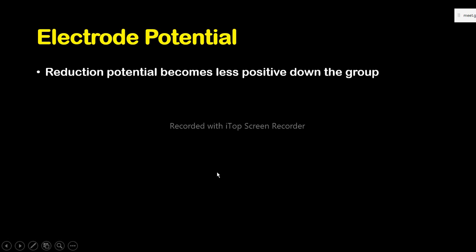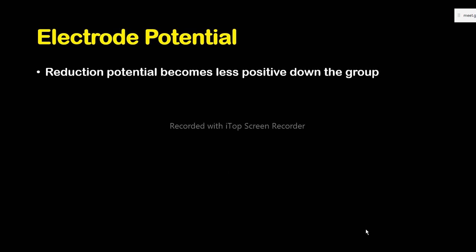The electrode potential is the electromotive force, the EMF of a cell, and it is usually determined as a reduction potential when a particular cell is connected to a standard hydrogen electrode.